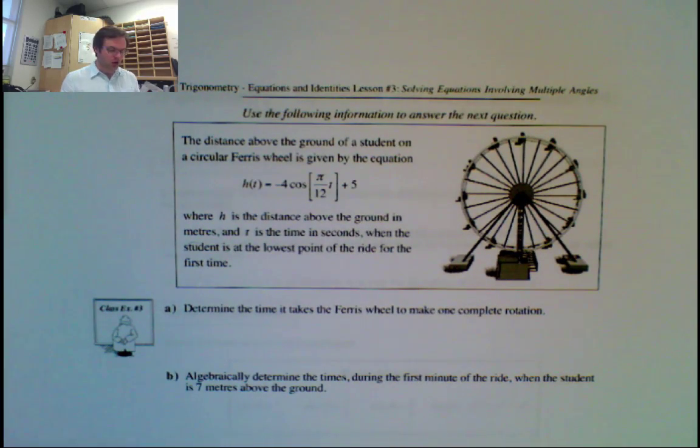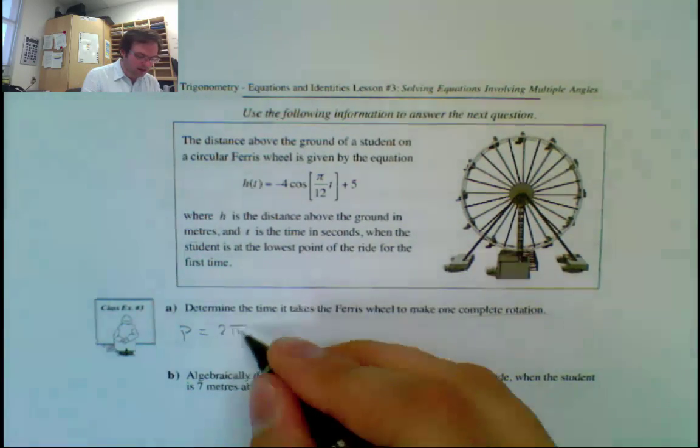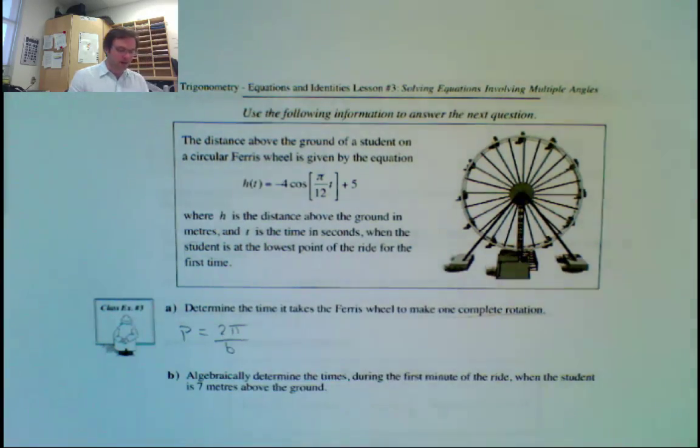So now I want to determine the period first. One complete rotation is my period. Now if we remember, period is equal to 2 pi divided by b. We know my b value is pi over 12.